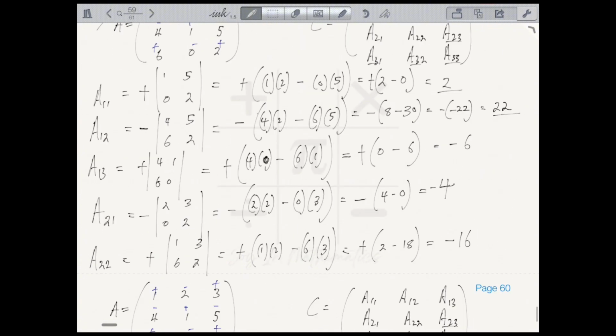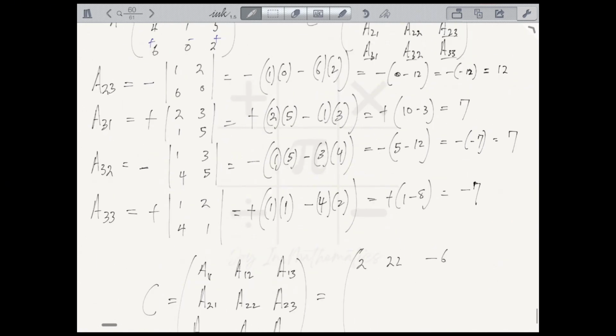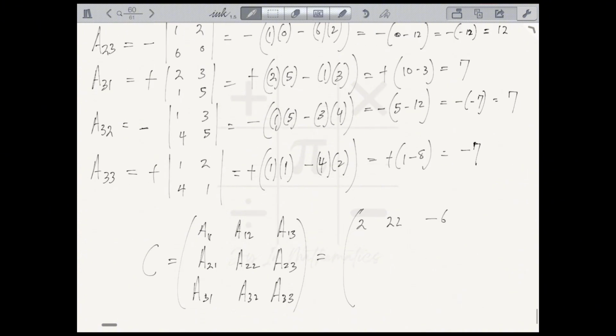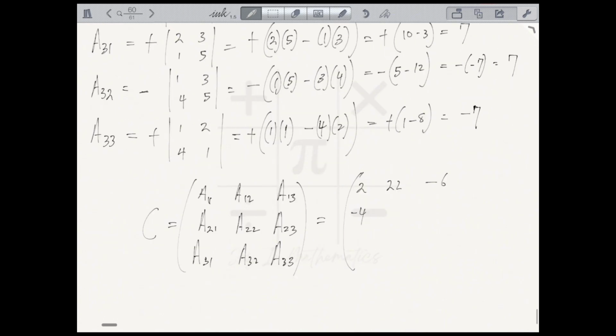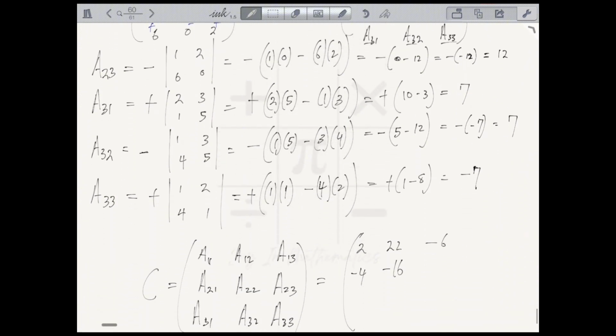A13 is negative 6. A21 is negative 4. A22 is negative 16. A23 is 12. A31 is 7. A32 is 7 also, and A33 is negative 7. Now this is the cofactor matrix.